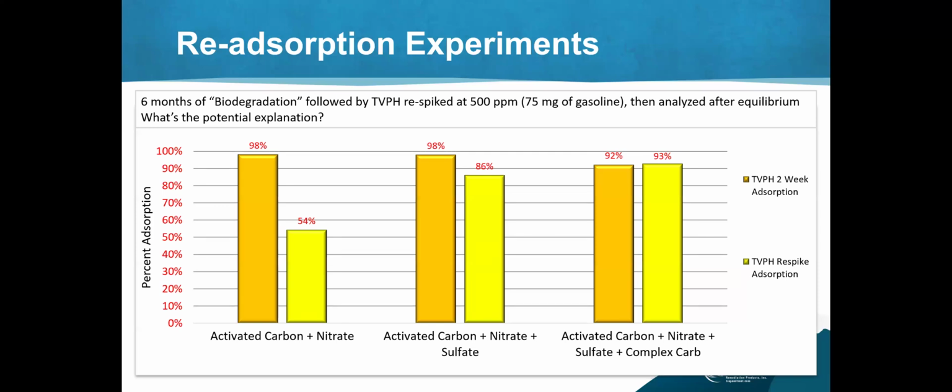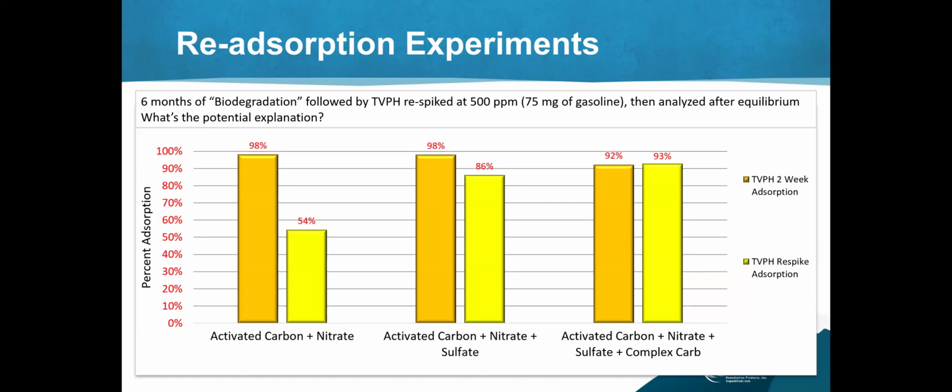What you're not seeing is that we then let it biodegrade for 6 months. After that, similar to the previous test you saw, we said, I wonder if we can respike these same samples. And we did. We respiked it with 500 parts per million. In this case, for the volume that we work in, that would be 75 milligrams of gasoline. We let it sit for 2 weeks and then did the analysis again.